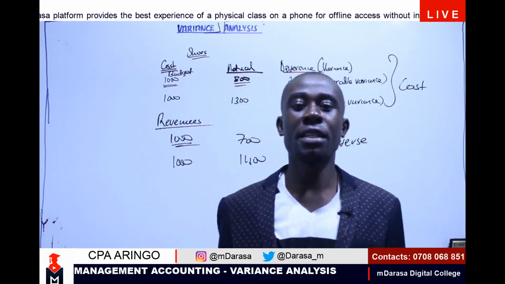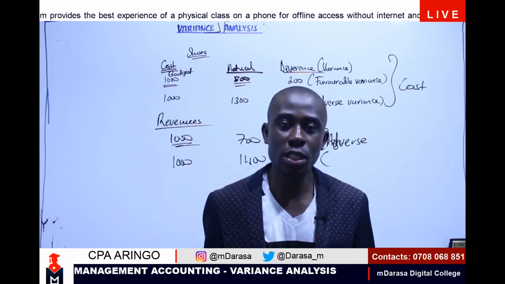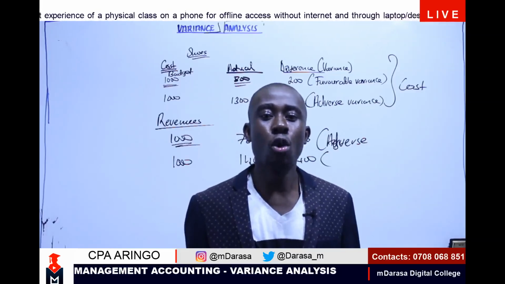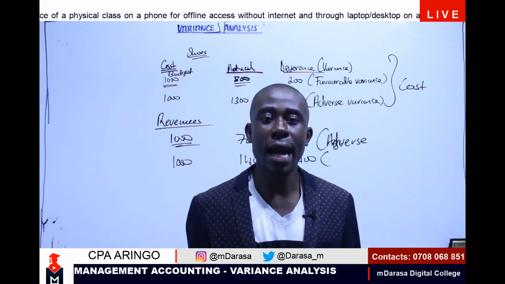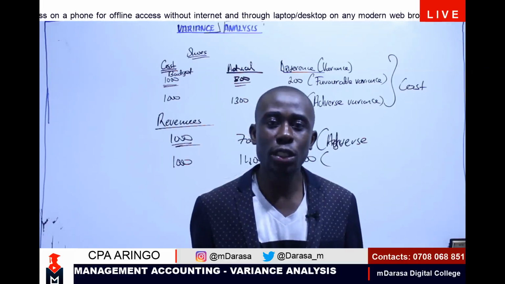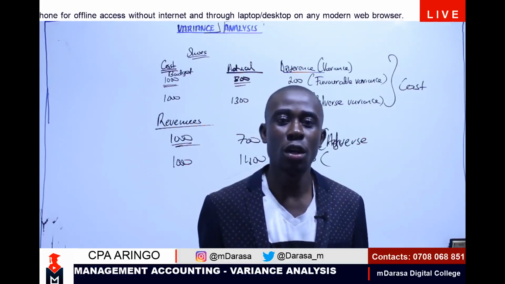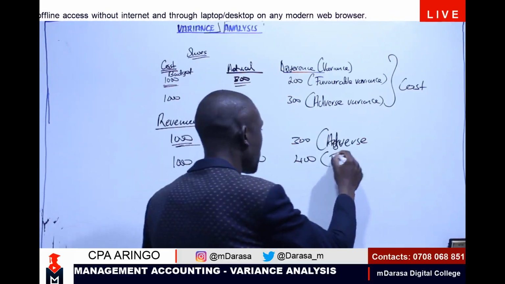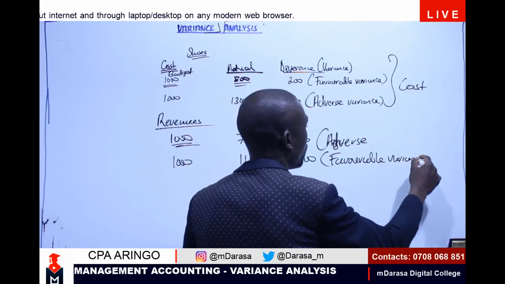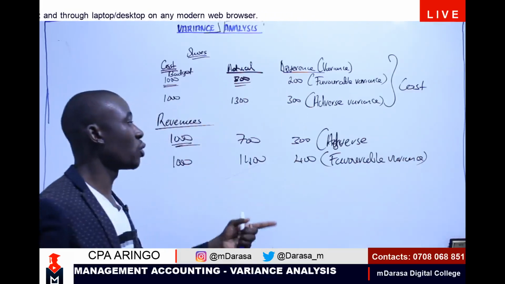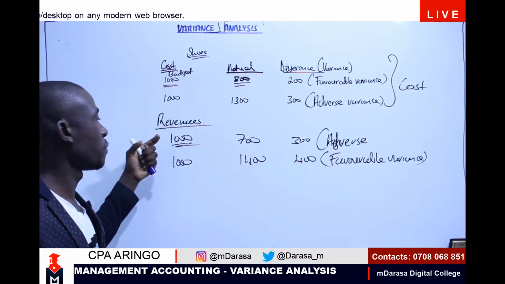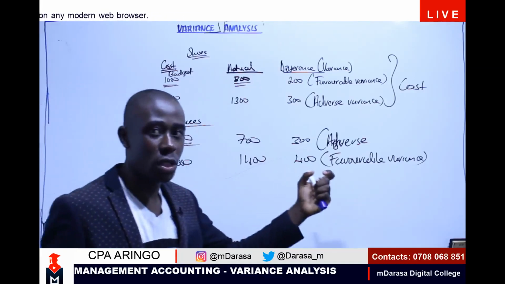Why are we terming it as a favorable variance? Because in this case, I'm receiving more than what I had anticipated. So in such a case, I'm going to term it as a favorable variance. So clearly, you can see a clear distinction between whenever I'm talking of adverse and favorable between revenues and cost.